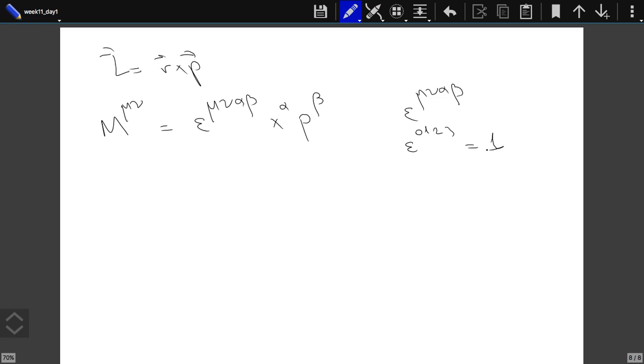Of course, let's say I have a rotation matrix R. Now, for each rotation, there will be a corresponding operator.